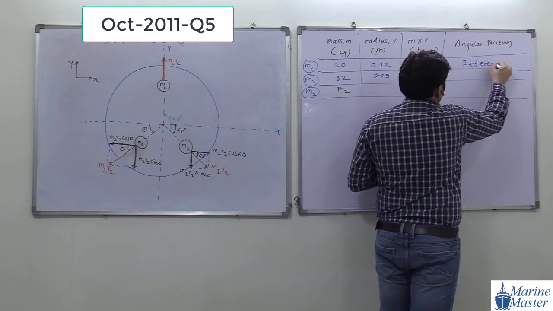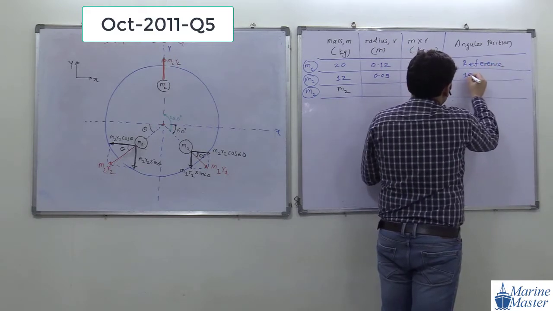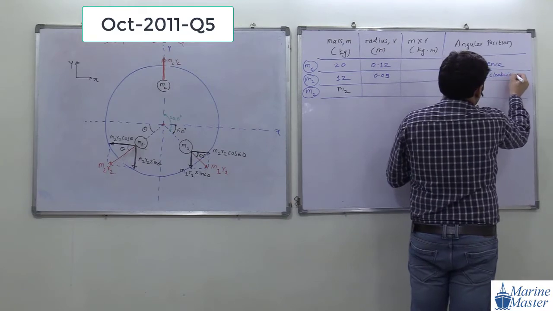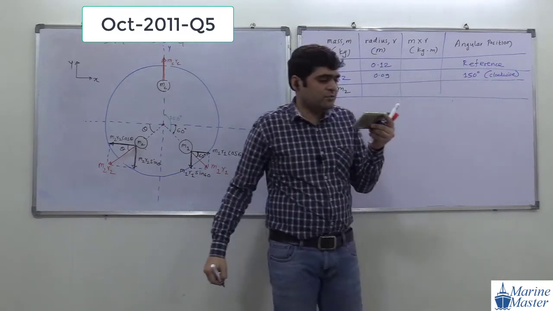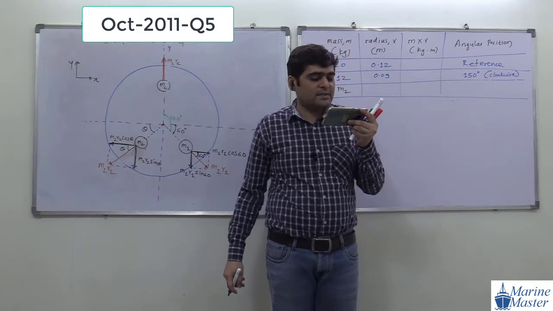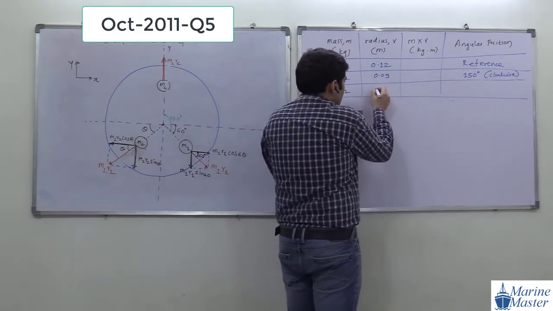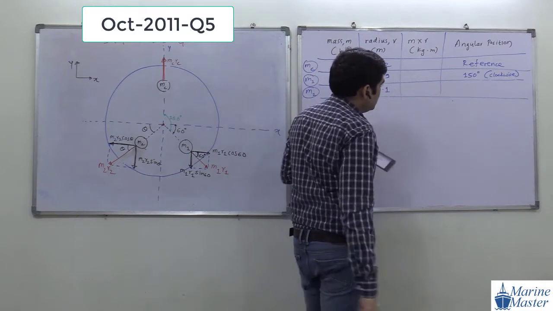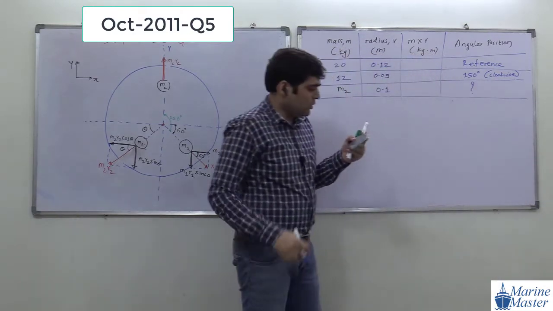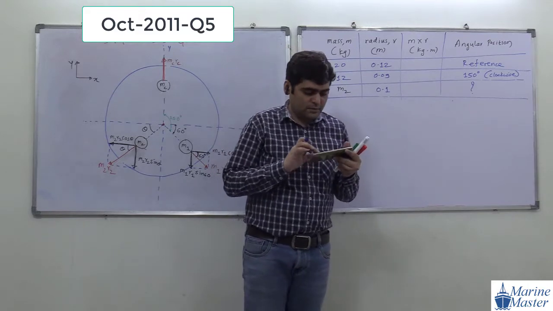With respect to the reference, it is 150 degree clockwise. While the second balance mass is at 100 mm, which means 0.1 meter, and we don't know its angle, that is unknown to us. Okay, these are the things given for the table.